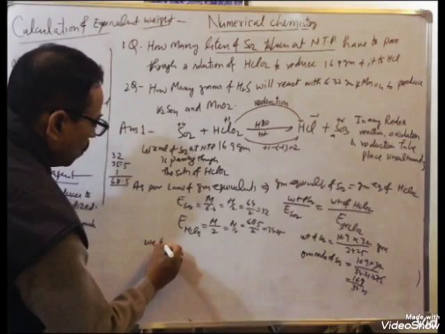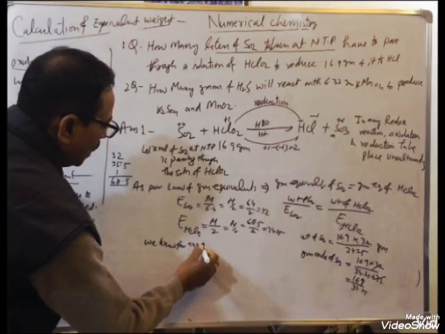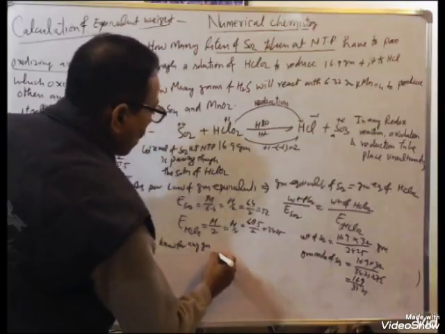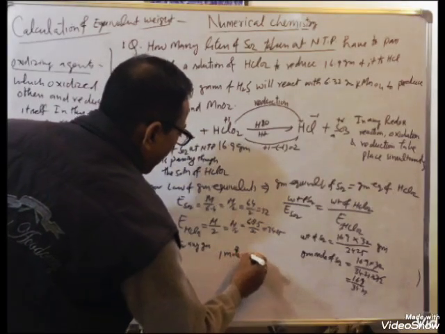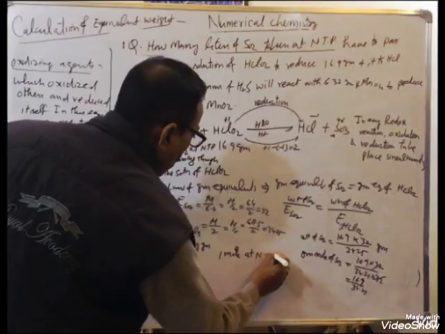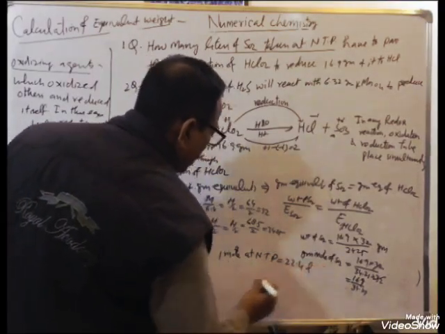We know for any gas, 1 mole at NTP occupies 22.4 liter.